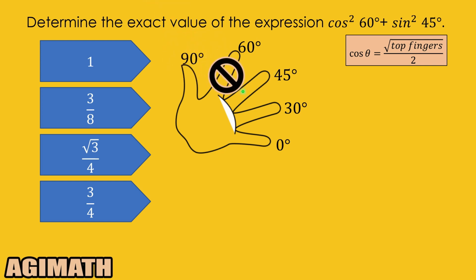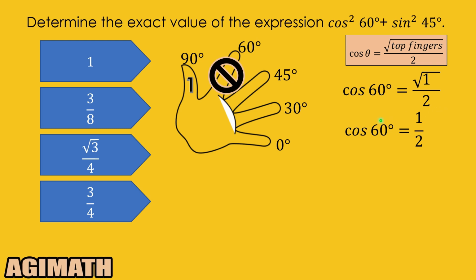And now we are going to count how many fingers are above the finger that we hold on. So cosine 60 is equal to how many fingers? We only have 1. And then simplify, square root of 1 is 1. That's why cosine 60 is equal to 1/2.